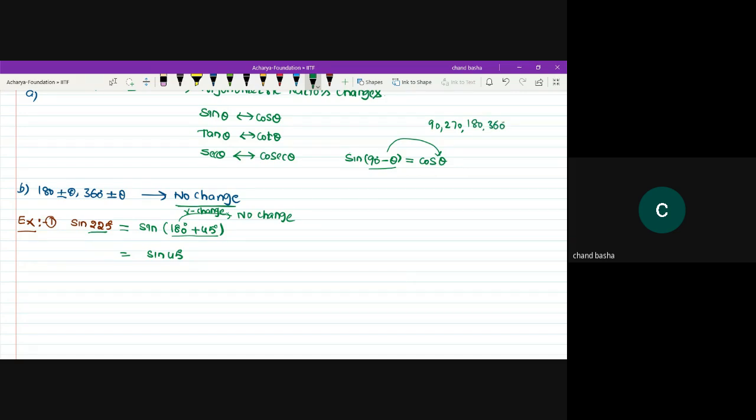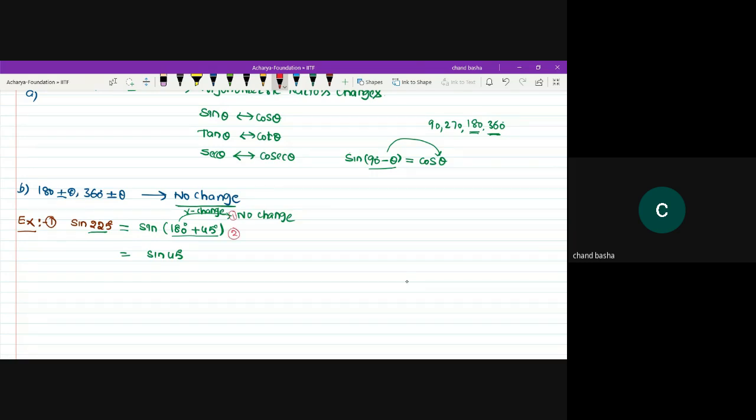Only these multiples are used for finding the angle which is more than 90, but preferably 180 and 360, because there is no change in the trigonometric ratio. So I can write sine 45. First check whether your trigonometric ratio changes or not. No change.